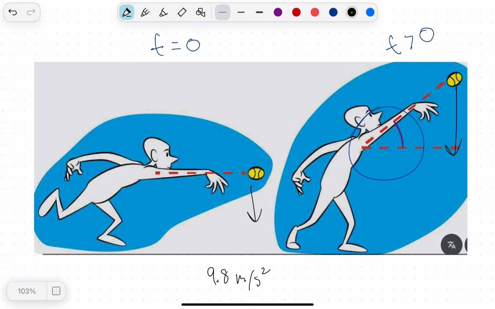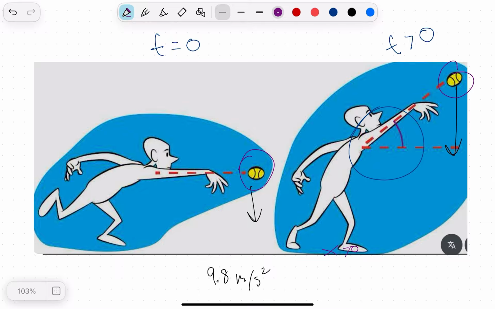When it comes to this specific example, we already know that this one is going to have a higher t, and this one is going to move further. So the x would be longer on this end, but the t would be higher on this end.